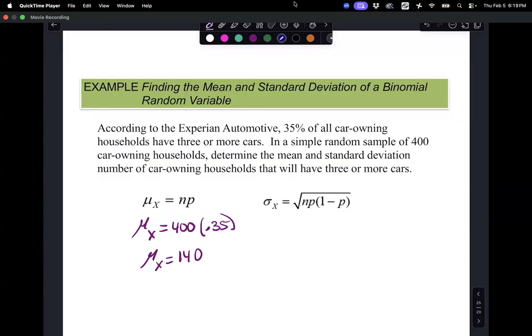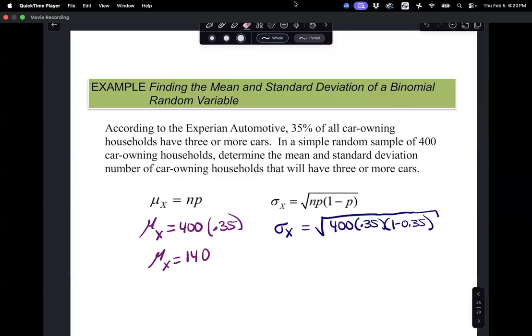So I'm going to take my sigma sub x, the number of trials times the probability of success times the probability of failure. Yes, if you want to, you can just put 0.65 into your calculator. But every time I've written 0.65 instead of 1 minus 0.35, people ask me where 0.65 comes from. So I'm going to write it like this.